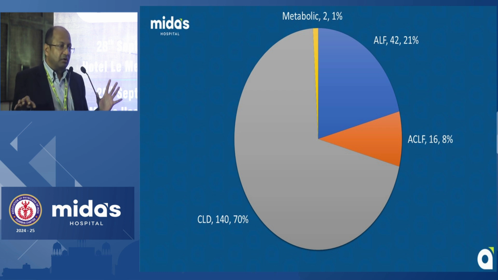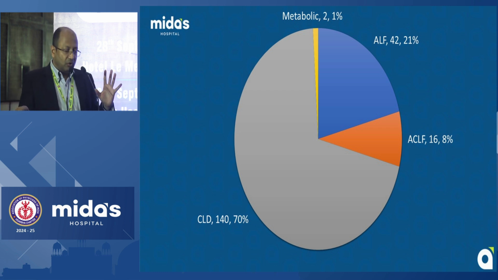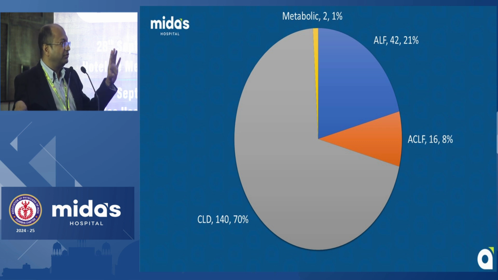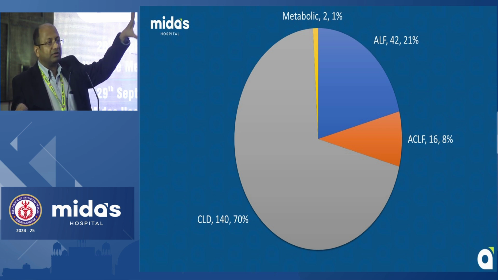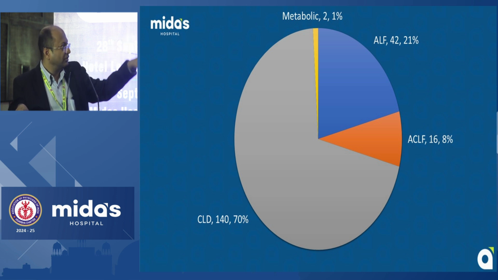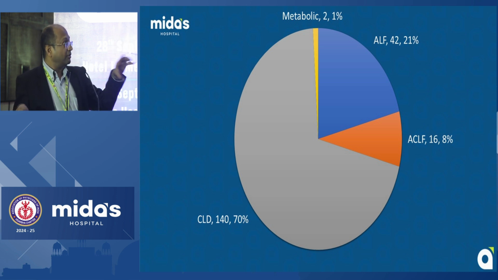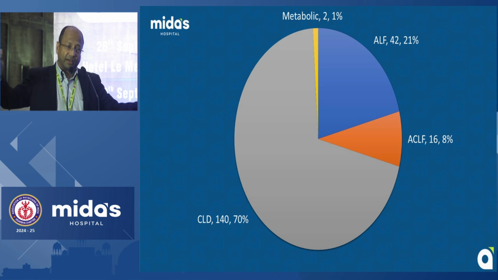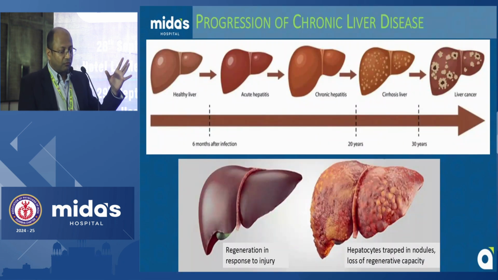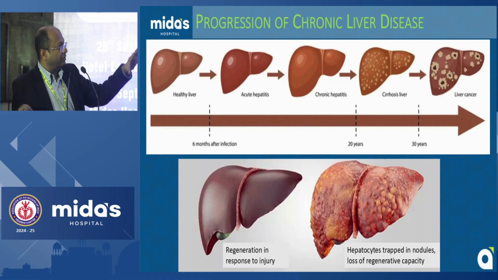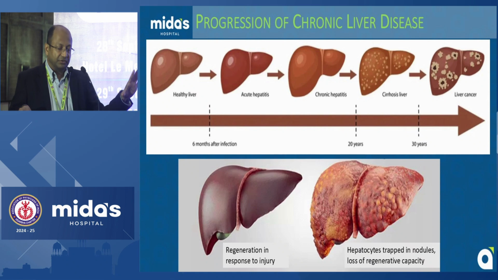Broadly, if you look at all liver diseases, almost 70% of diseases that require a transplant are chronic liver disease or liver cirrhosis, about 20% acute liver failure, about 10% ACLF, and the rest is only about 1%. Now, this is changing because chronic liver disease is actually increasing recently. As we know, we go from a healthy liver to a cirrhotic liver or to liver cancer typically over 20 to 30 years.